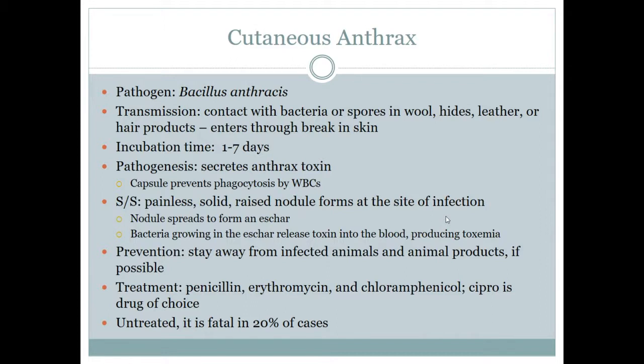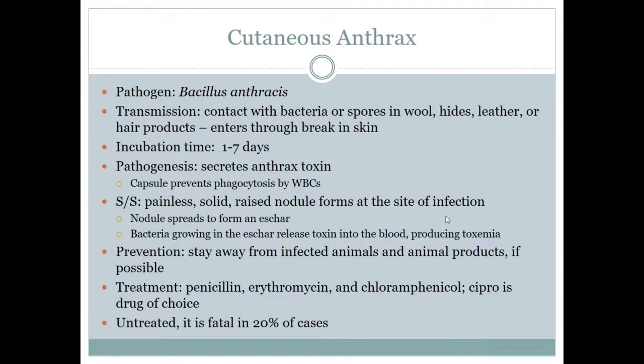Okay, it's going to enter in through a break in the skin, so there has to be some type of existing wound. It secretes a toxin, and basically it causes this nodule around the site of infection, and the bacteria start to grow within this sore, and they release a toxin into the blood.